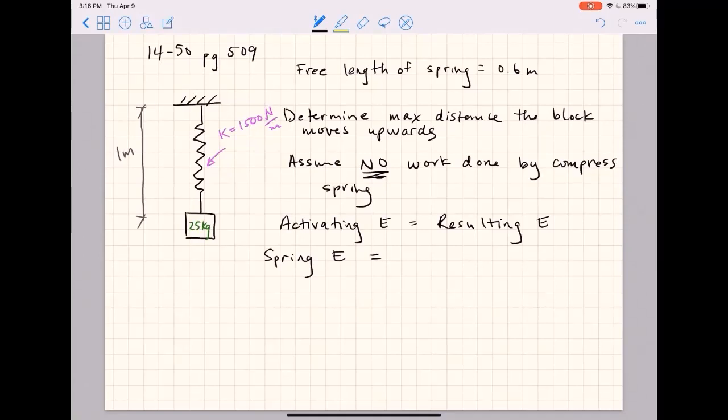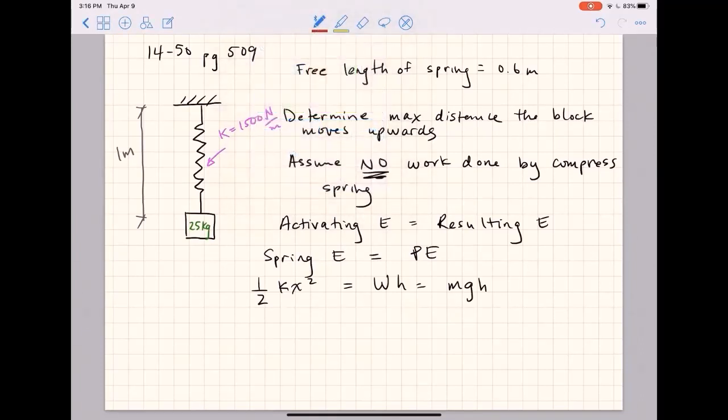Well, hey, we have our mass, so we can figure out our weight, and it goes a height. So this is exactly what this one is. It would be spring energy equal to, call it PE for potential energy. So let's put in our equations. So 1/2 kx squared, and that's equal to WH, which is just equal to mgh.